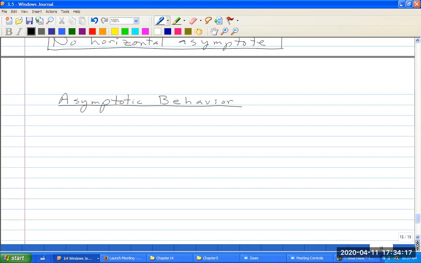So I have f of x. We simplified it, but actually, let's do it in the unsimplified form. I had it equal to x cubed minus 2x squared plus x over x squared minus 4.